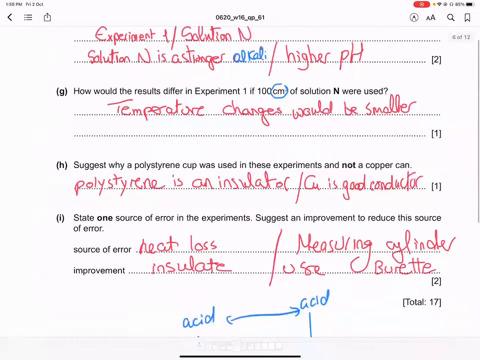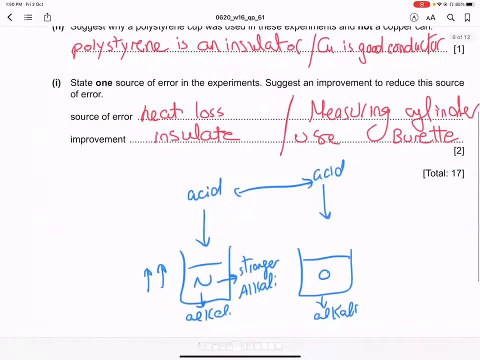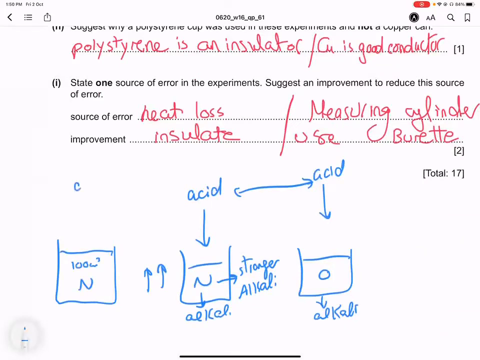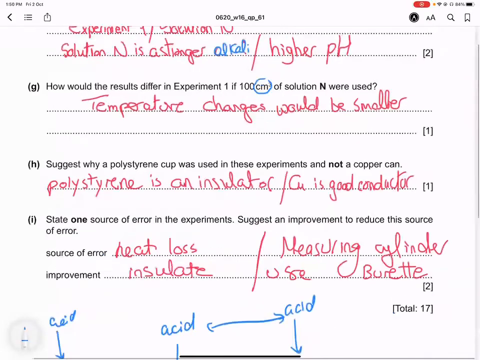This means if I got 100 centimeter cube of N instead of 50 centimeter cube, and I'm adding the acid, the heat produced from the reaction will have to distribute itself over 100 centimeter cube of the alkali, which means the volume for the heat to be distributed is larger, so the temperature change will be lower, okay? Temperature changes would be smaller.